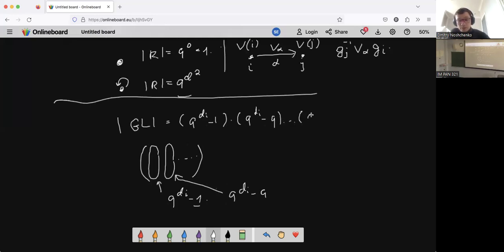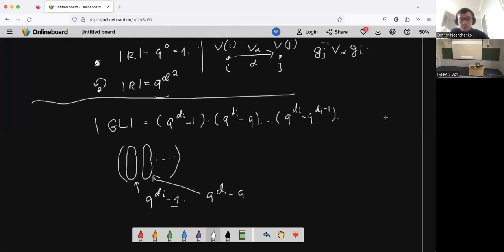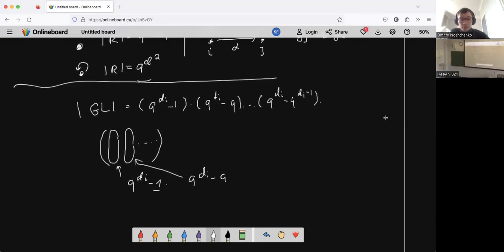And finally, it would be q^d minus q^(d-1). So this is the size of GL.